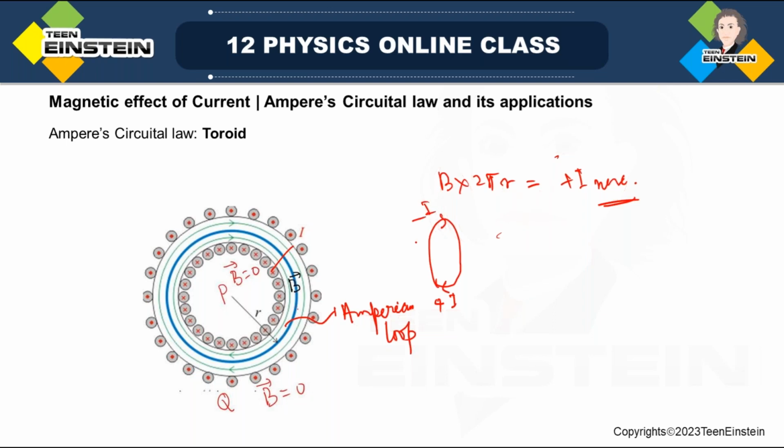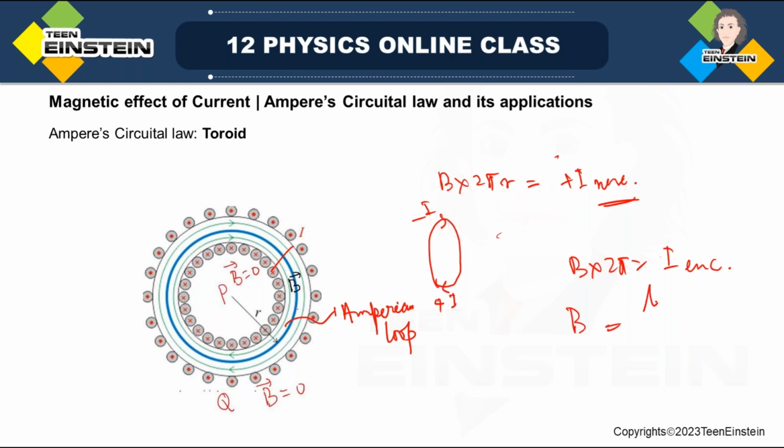So we have seen that the direction of the current changes when it is wound over the coil. So here there will be enclosed current. So this will be just I enclosed by the solenoid.